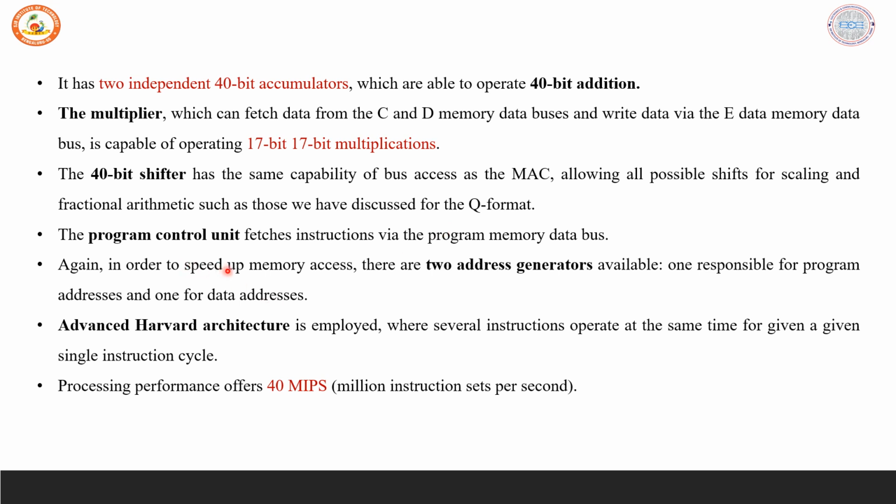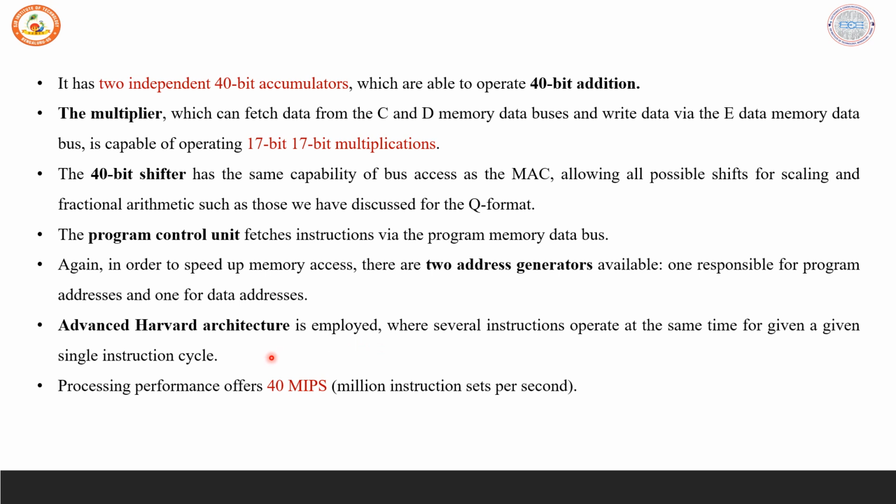The program control unit fetches instructions via the program memory data bus. In order to speed up memory access, there are two separate address generators, one for program address and one for data address. It makes use of the advanced Harvard architecture where several instructions can operate at the same time in a single instruction cycle.